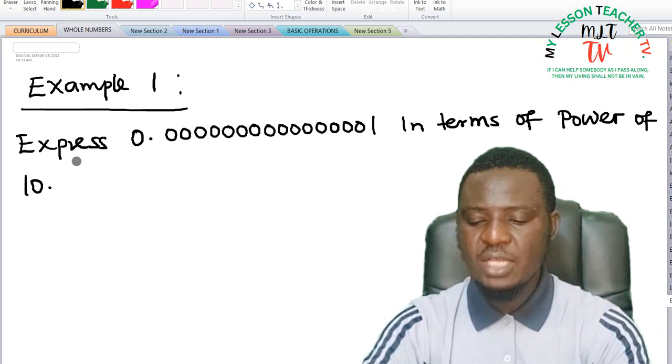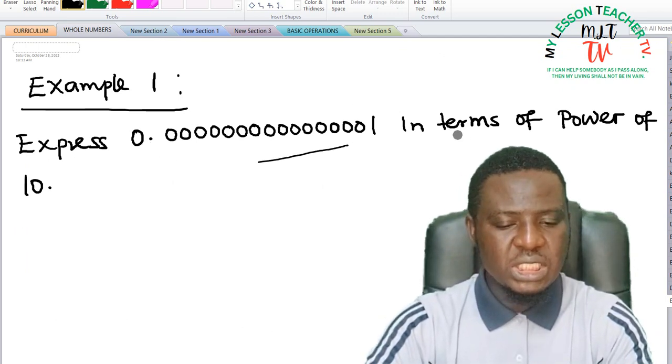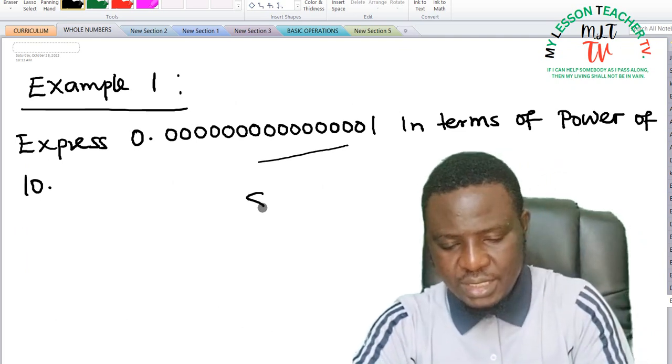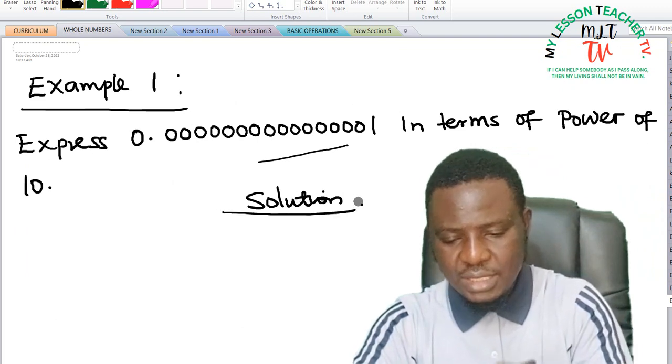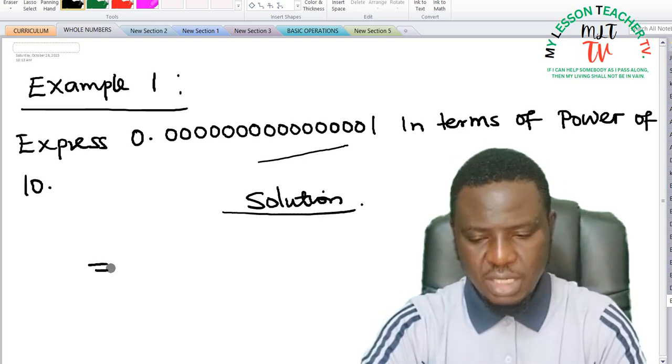In example 1, we are asked to express 0.0000000000000001 in terms of power of 10. I'll move straight ahead to the answer.